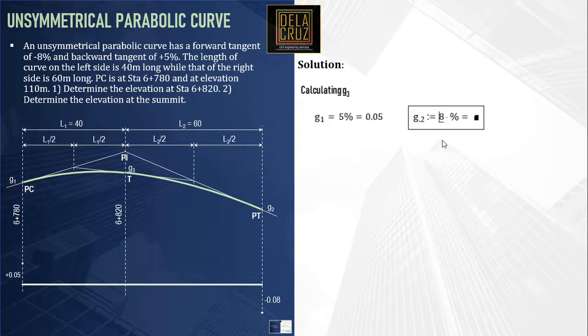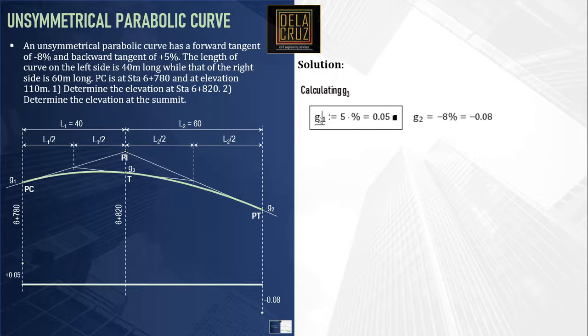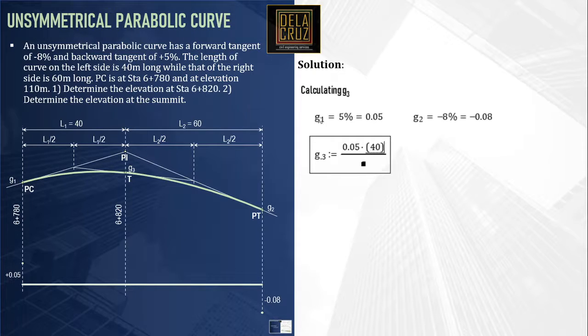Using the formula I have shown you lately, G3 is equal to G1, 0.05, times L1, which is 40 meters, plus G2, which is negative, so negative 0.08.